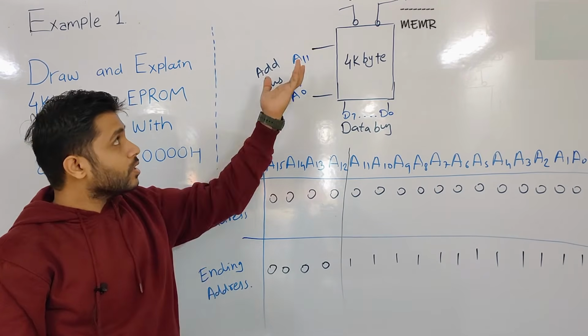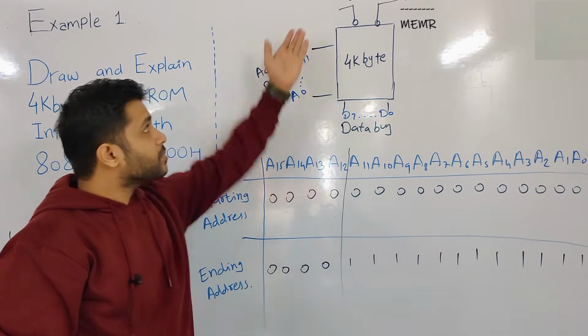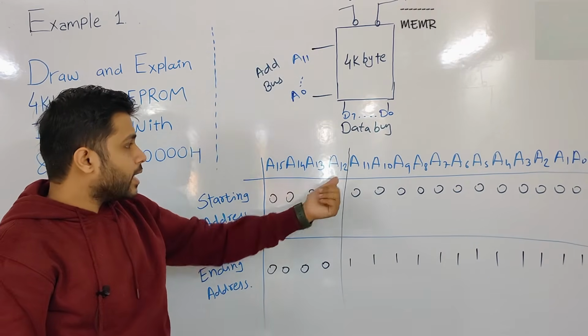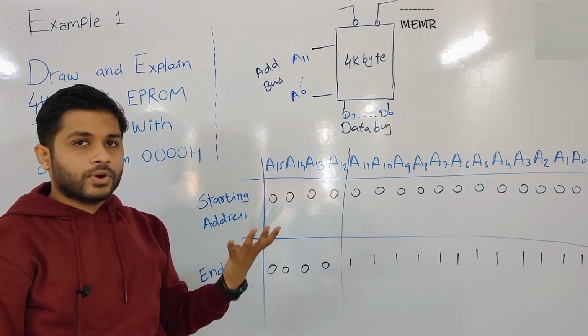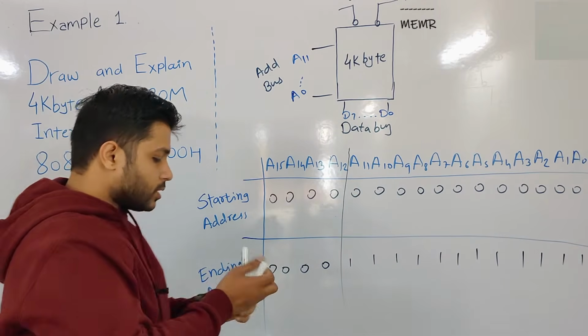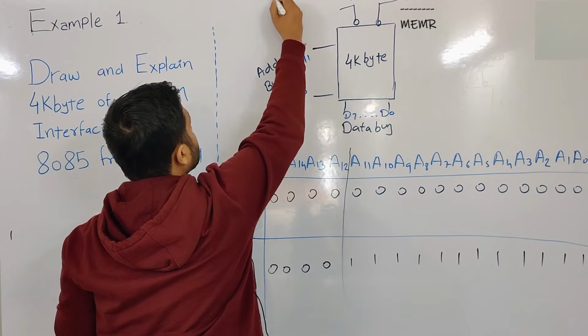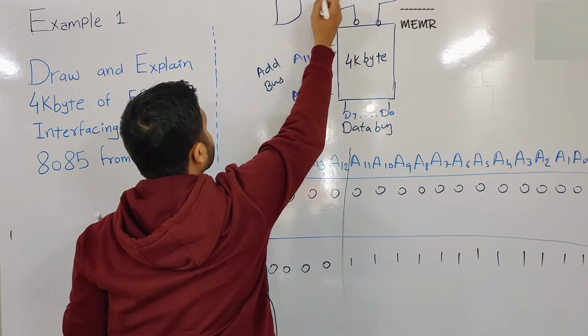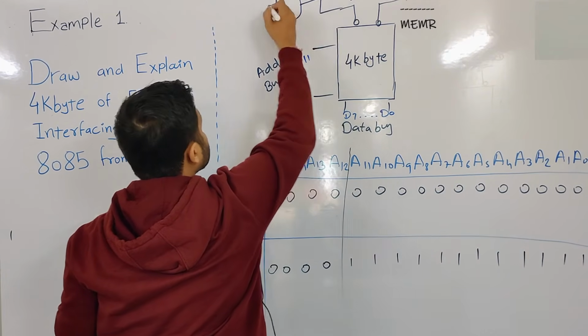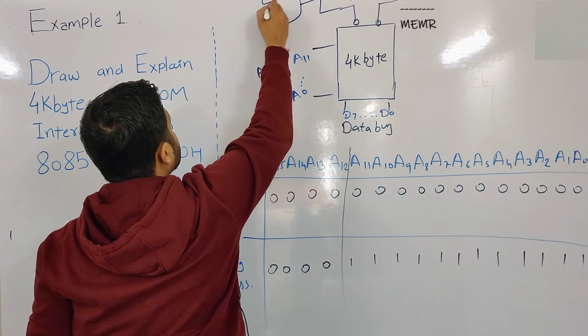Now you can see that chip select bar is only 1 and A12 to A15 are 4 lines. No doubt, students, there will be no problem. We will connect all these lines with an AND gate and connect the AND gate to the memory.